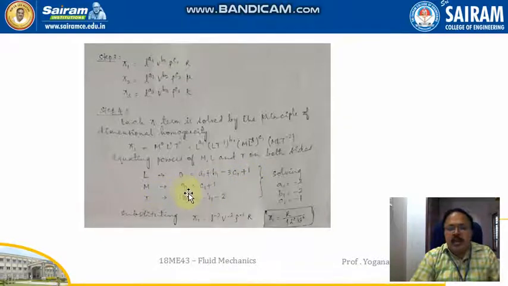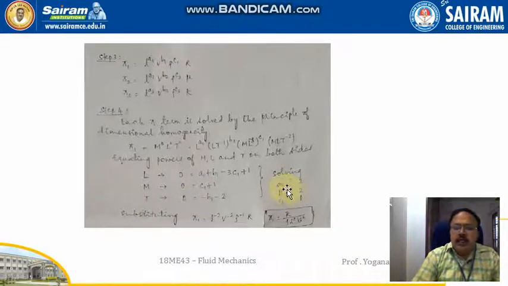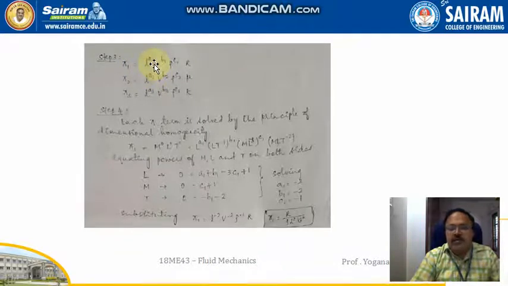Similarly for M and T it is written here. On solving, I get my A1, B1, C1 values. Substituting A1, B1, C1 back into the pi 1 term, L to the power of A1 is minus 2, then V to the power of B1 is minus 2, rho to the power of C1 is minus 1, into R.